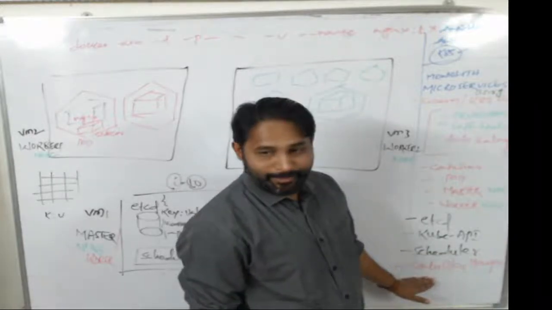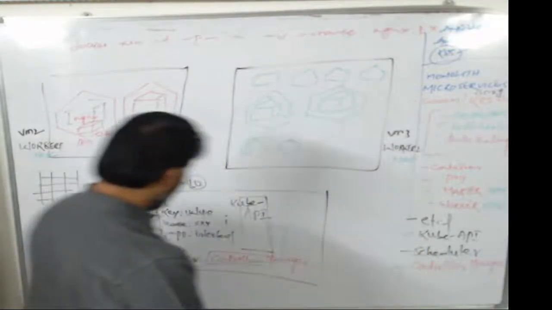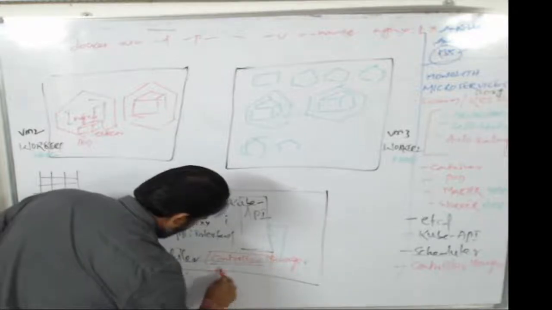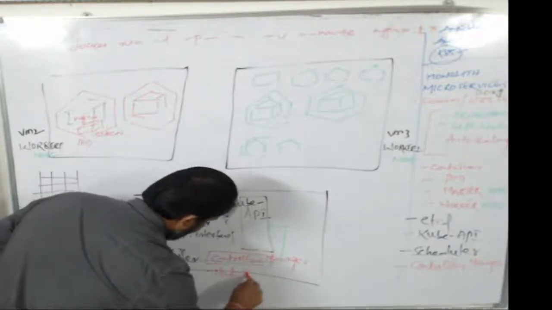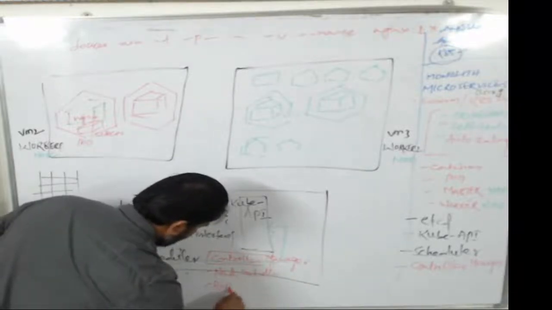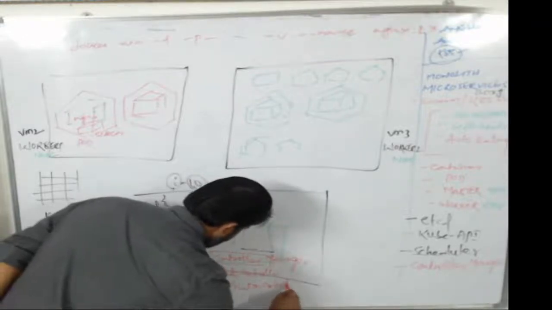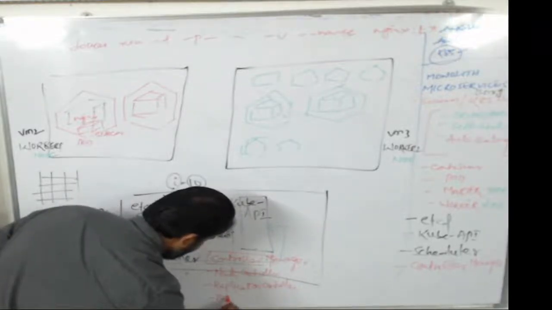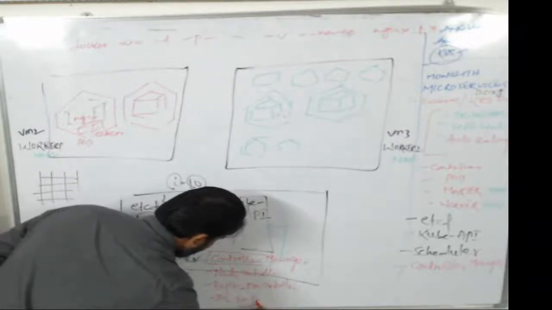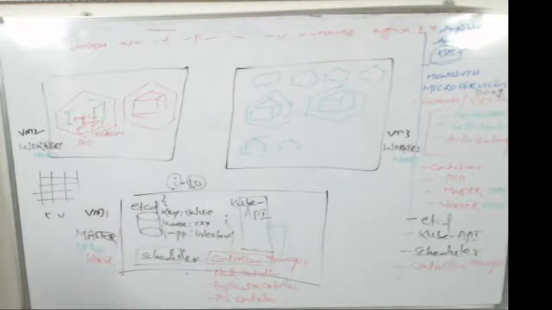This means there should be something called a controller that it manages. So there are a lot of controllers. I'll give you some important ones. Node controller, then replication controller, then job controller. These are some of the controllers. There are a lot of controllers, about 10, 15 controllers like that. You don't have to really know all of those things.